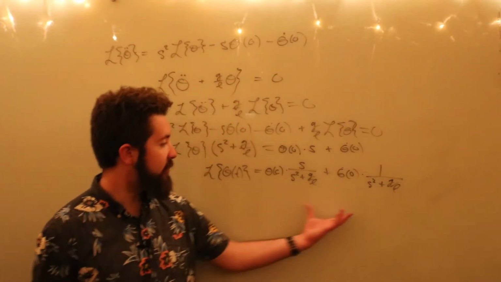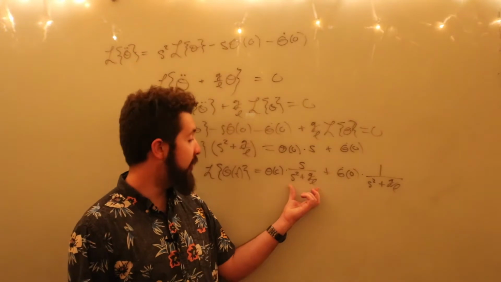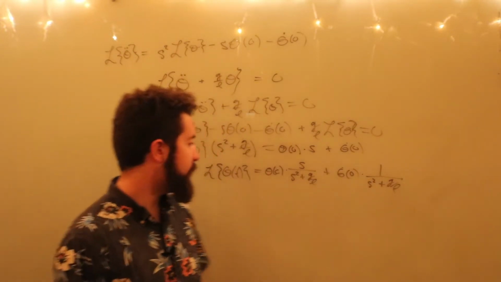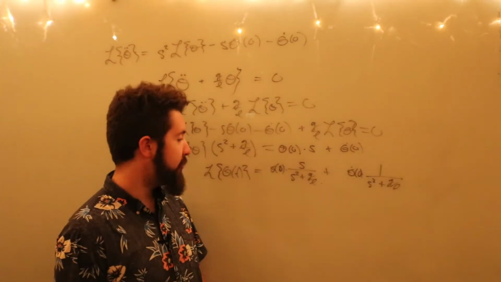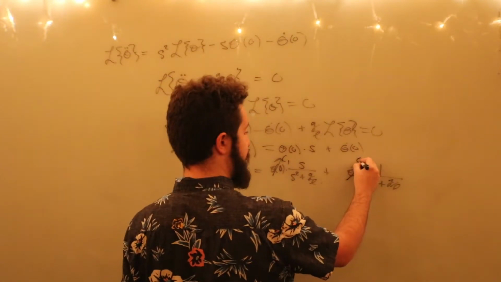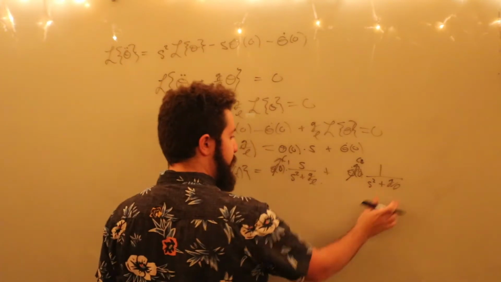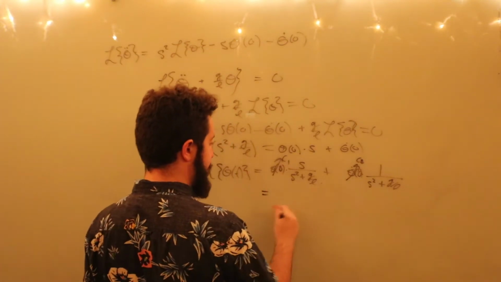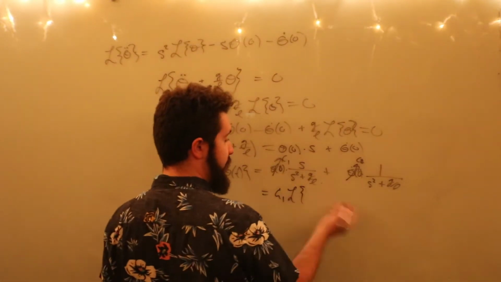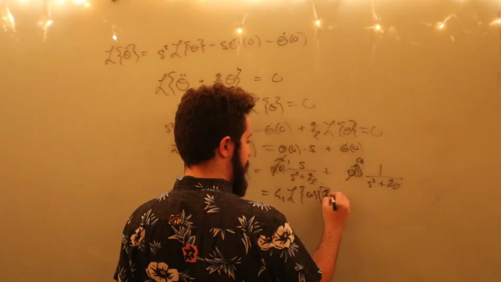The reason I've written it this way is that this is just a constant times a familiar Laplace transform plus another constant times a familiar Laplace transform. So now I'm just going to call this C1 because it's an arbitrary constant, and I'm going to call this C2 because it's another arbitrary constant. Now these are both familiar, and so we can write this as C1 times the Laplace transform of none other than cosine of root g over L times t.